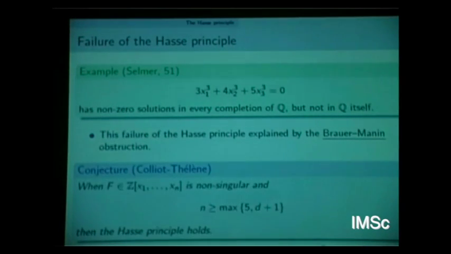And so there's a conjecture, due to Colliot-Thélène, that when your homogeneous polynomial is non-singular, which I'm going to define in a second, and the number of variables n is at least 5 and at least the degree d plus 1, then the Hasse principle should hold. So there's no Brauer-Manin obstruction. I want to talk about steps towards this conjecture.